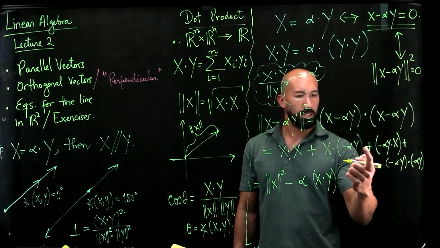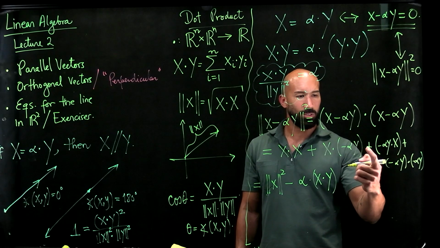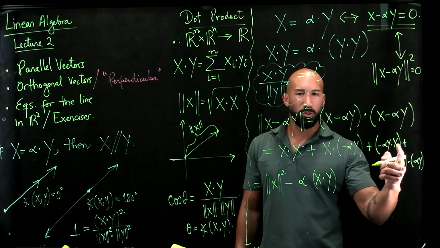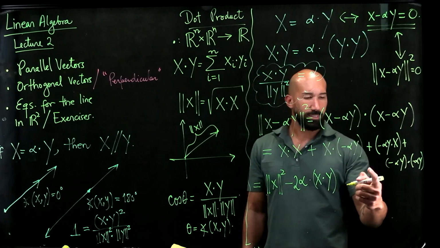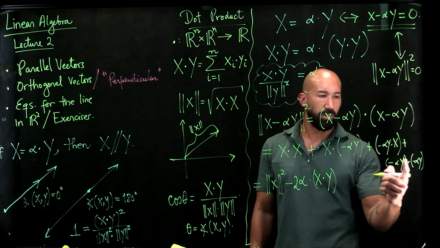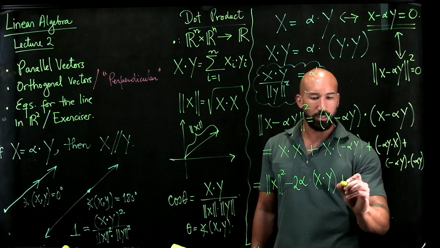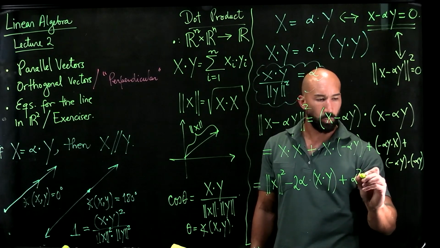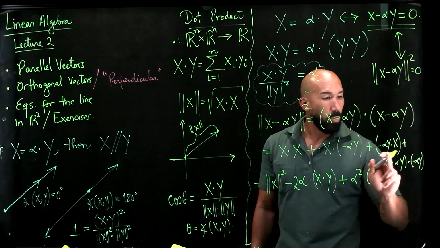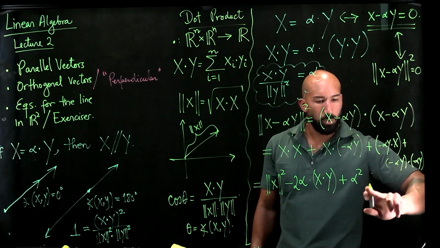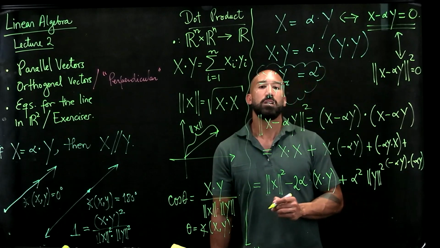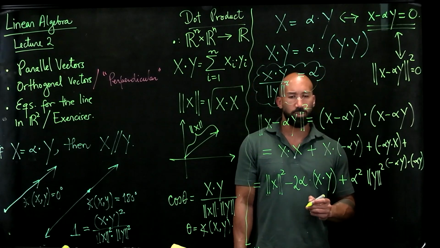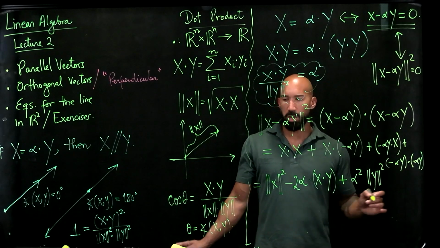I will take this minus alpha out, and I'm gonna have y dot product x, but that's exactly the same, so I'm gonna put a 2 here. I take the first minus alpha out, the second minus alpha out, and that becomes minus alpha squared times y dot product y, which is the square of the magnitude of y. Is that okay?